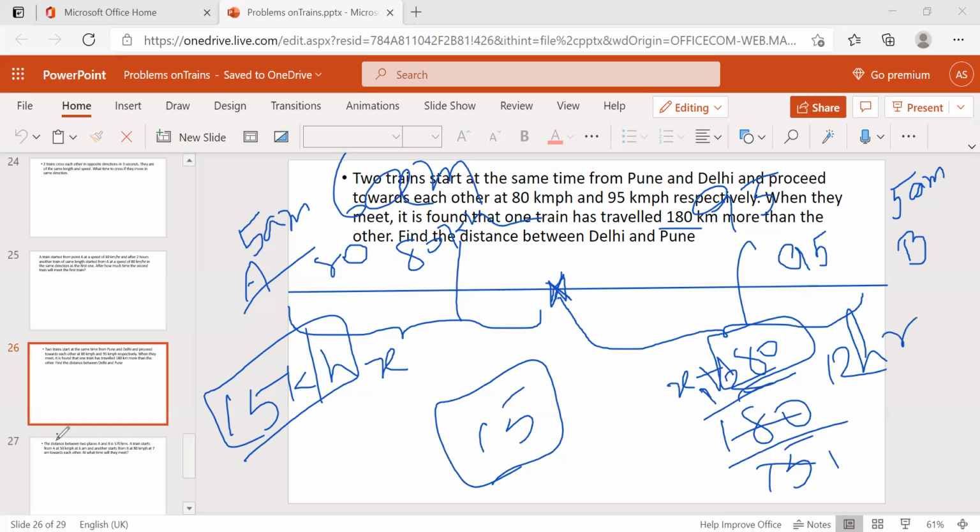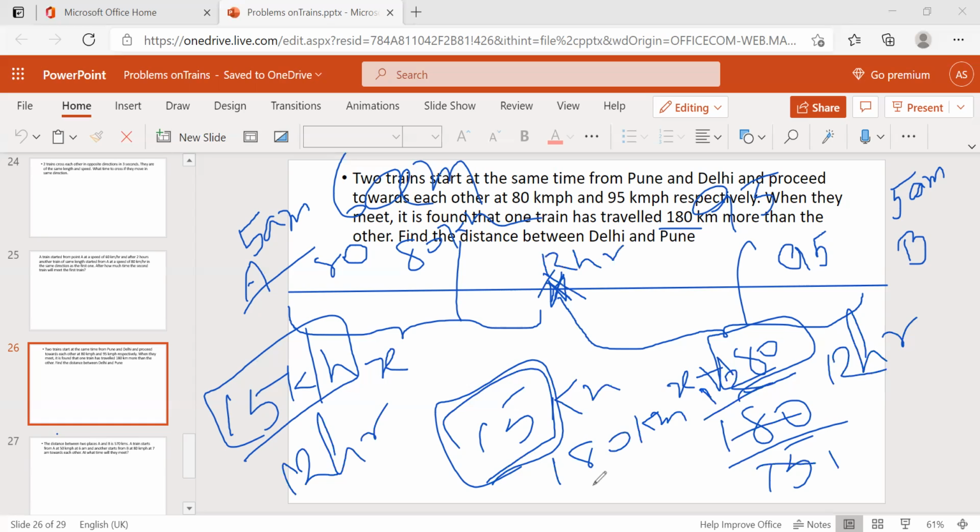So 12 hours. After 12 hours, in 1 hour it is 15 kilometers forward, right? In 12 hours, it becomes 180 kilometers forward. So after 12 hours they will meet at this point. From 5 a.m. it started, after 12 hours means 5 p.m. it will reach.